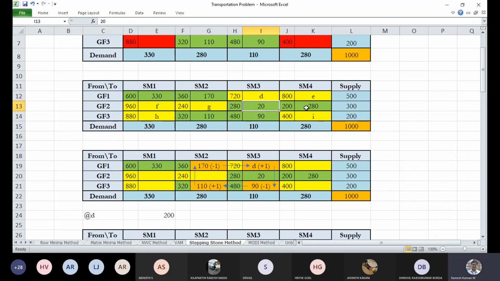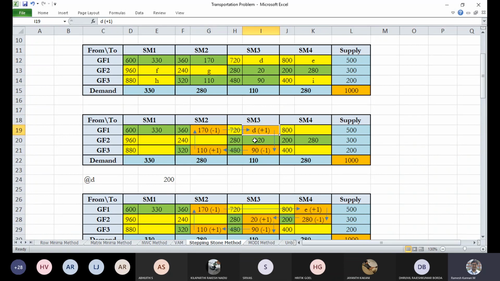If you go this way from D, you cannot come back because there's an unallocated cell, so you will have trouble. So we take D, then go to this 90, then this 110, then 170, and finally we end up at D. We start with D, go to 90, which is an allocated cell, then to 110, which is also an allocation, then up to 170, and finally end at D.